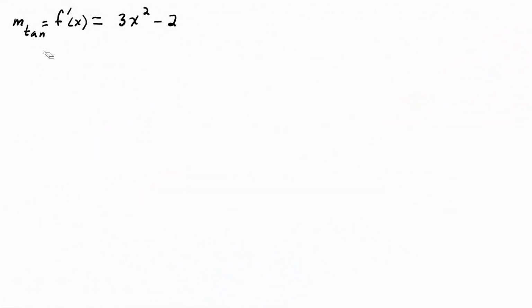Now that we know how to find the slope of the tangent everywhere, we can use that to find the slope of the tangent evaluated at the one specific point that we care about, which is the point (2, 4). So that means we have to evaluate the derivative at x equals 2.